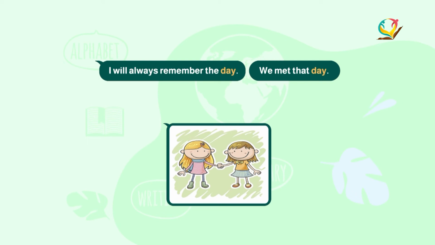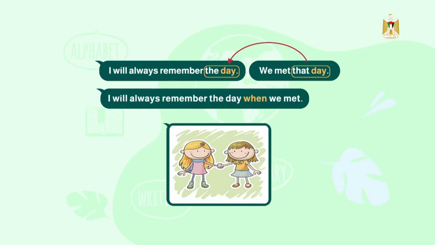Here, the day is mentioned twice in the 2 sentences. So, we can join both sentences with when. The sentence becomes, I will always remember the day when we met.